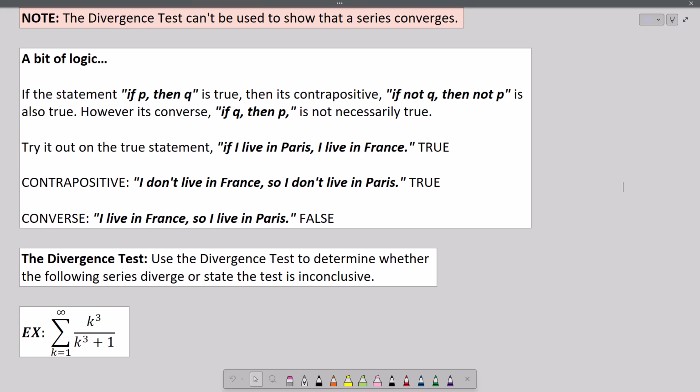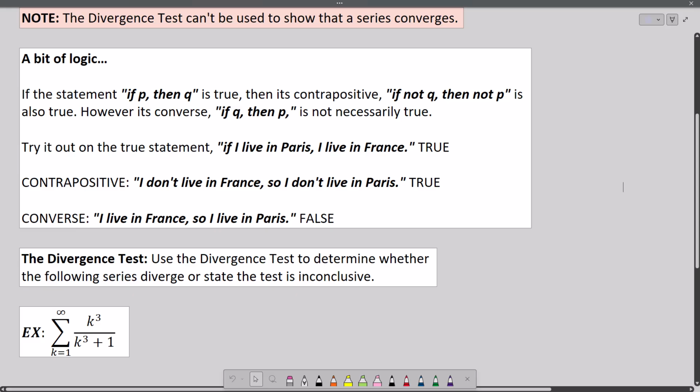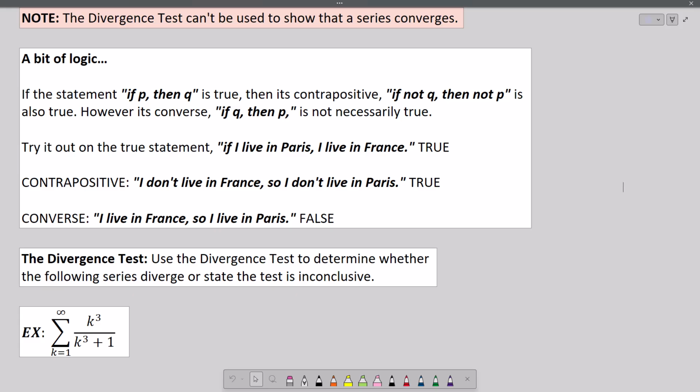So here is one of those examples. I live in Paris. We're thinking about Paris with the tower, not those other Parises. If I live in Paris, I live in France, right? That's true, correct? So the contrapositive is I don't live in France, therefore I don't live in Paris.